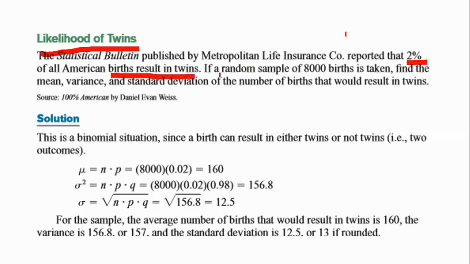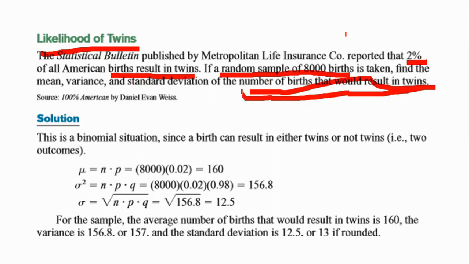So if they have taken a sample of 8,000 births, find the mean number, variance and deviation of the number of births that would result in twins. So how many times can it result in the occurrence of twins? Definitely it's a binomial situation, because a birth can result in either twins or not twins. So the probability of twins is the probability of success here, which is the 2%.